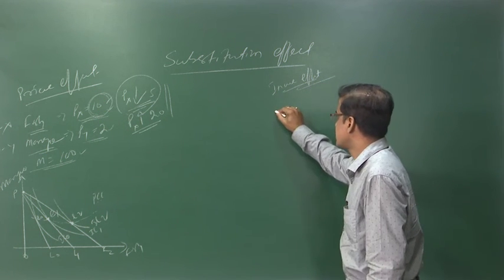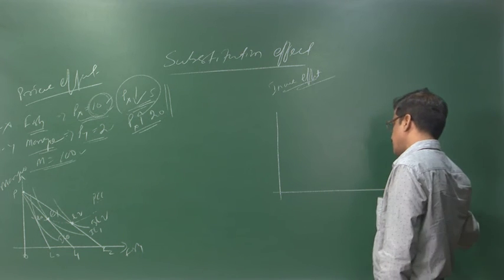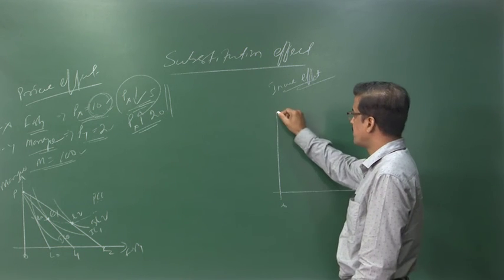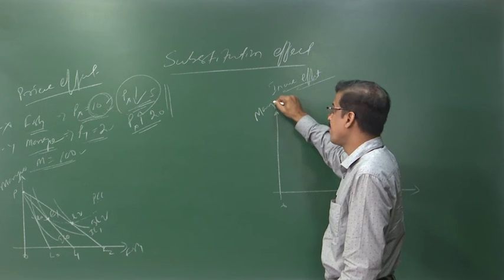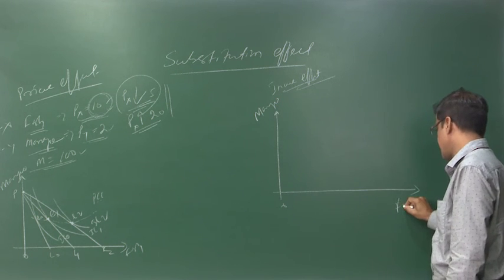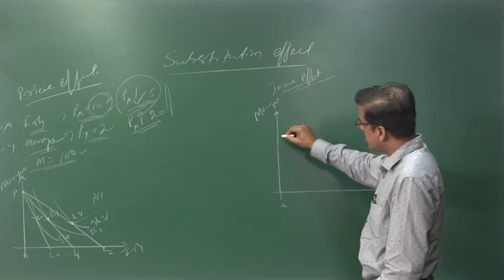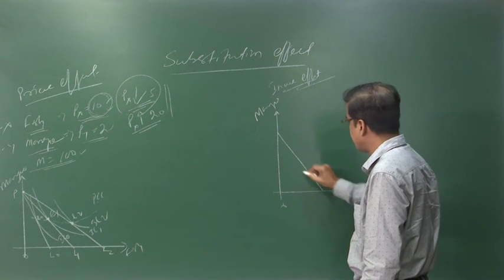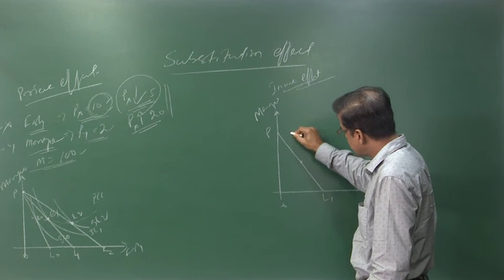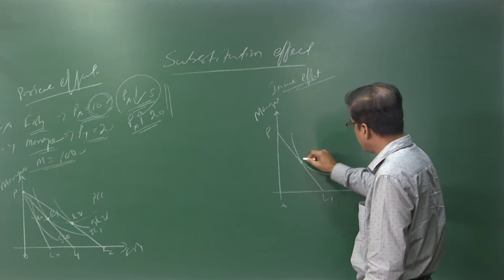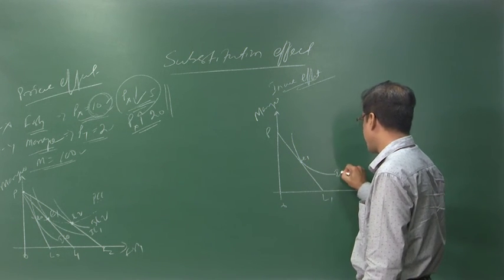That means considering that the consumer is in equilibrium at a particular point, where this side is mango and this side is fish, where the indifference curve is tangent to the price line, let us say PL1, at the tangency point E1, and the indifference curve is IC1.